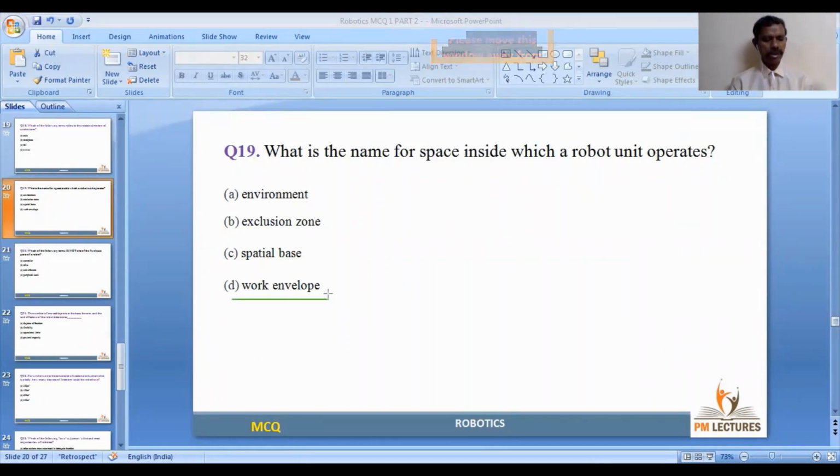That is the space inside which a robot unit operates. So where your robot operates is decided by the work envelope. Hence, for the 19th question, option D is the correct answer.